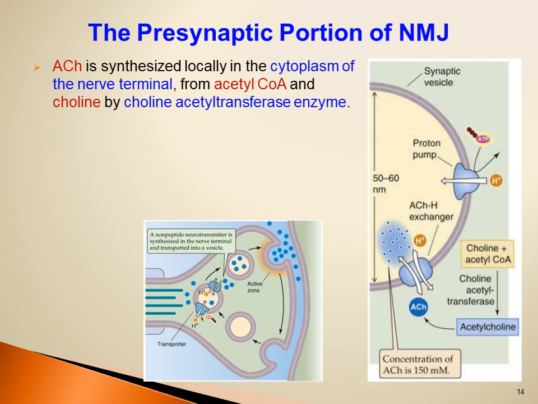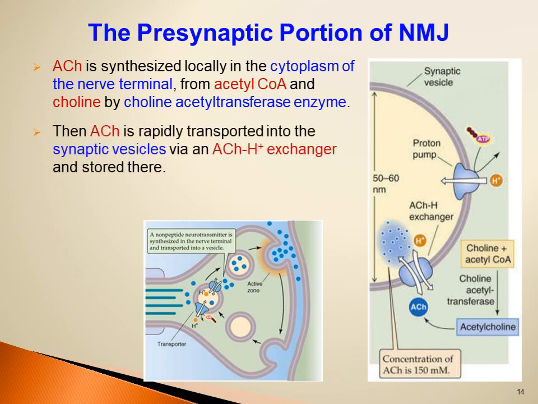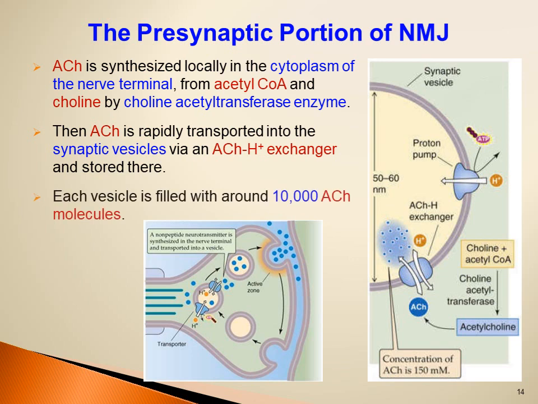Therefore, acetylcholine is synthesized locally in the cytoplasm of the nerve terminal from acetyl-CoA and choline by the enzyme choline acetyltransferase. Then acetylcholine is rapidly transported into the synaptic vesicle via the acetylcholine hydrogen exchanger, and it is stored there until it is released by exocytosis.